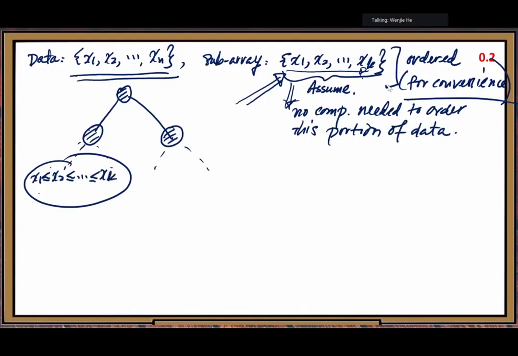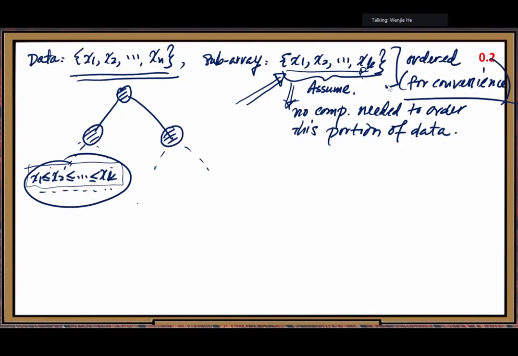Then in other parts, every time you do comparisons, you add more ordered information to your data. But this part is pretty much fixed.